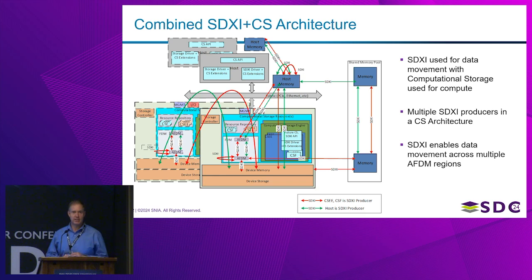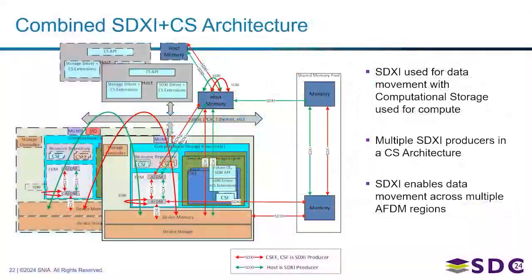A red arrow is where the CSE or the CSF could be the producer of an SDXI type data movement, where you potentially want to move data from one computational storage drive to another. The green arrows are where the host is the producer. So the host would have the SDXI instance and would be potentially initiating a data movement operation.